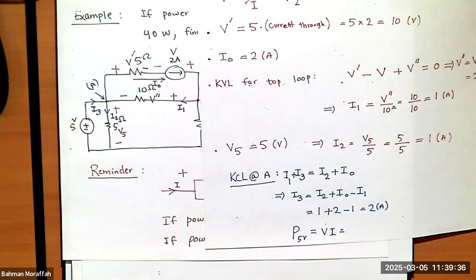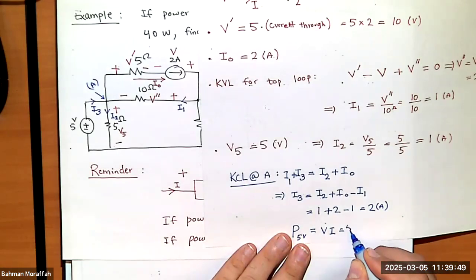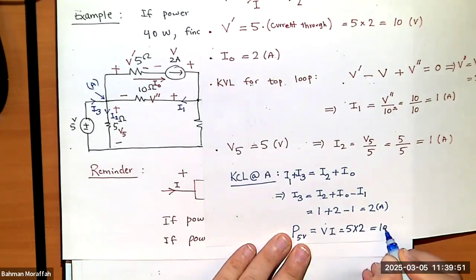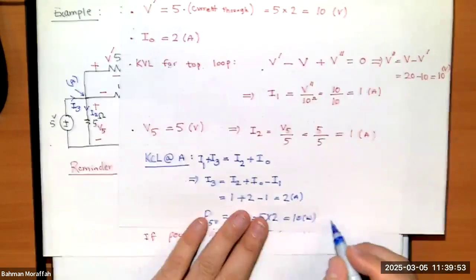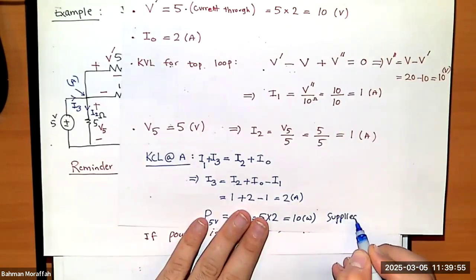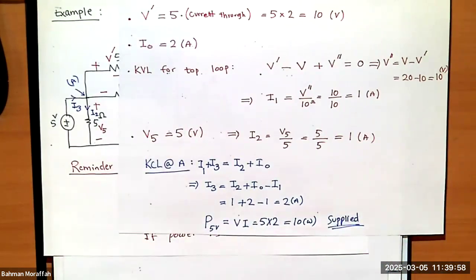So for the positive current, we hit the negative sign, therefore our power is negative. So my power here is VI, which is 5 times 2. This is 10 watts, but it's supplied. That's another way of saying it is negative. Or I can just write P equals minus 10 watts. Same thing.